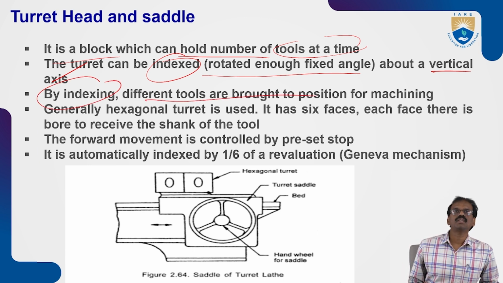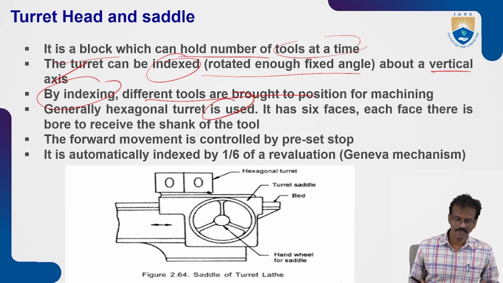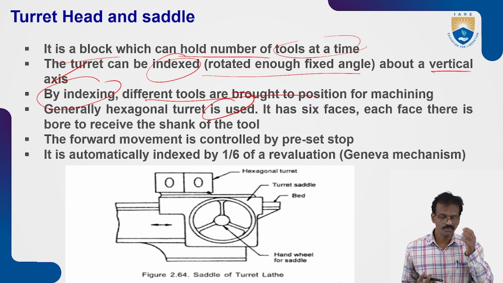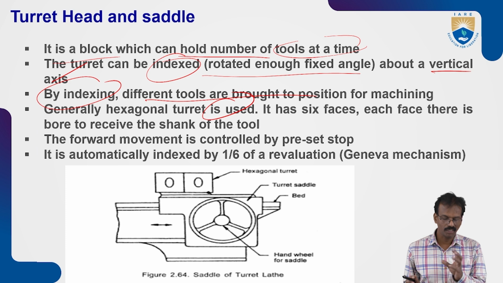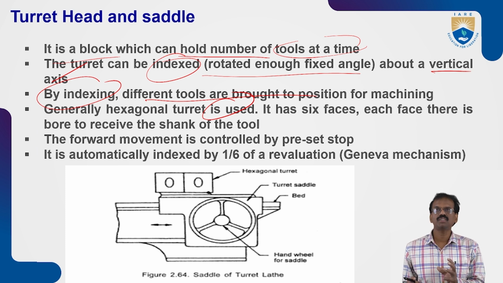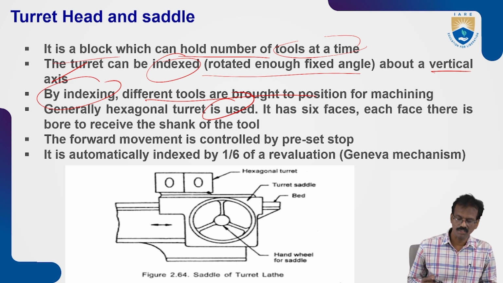Generally, a hexagonal turret is used. The turret head, hexagonal, means 6 faces. On each face we can fix different tools, and with the help of indexing, we can bring the tool bit into position to perform the operations.